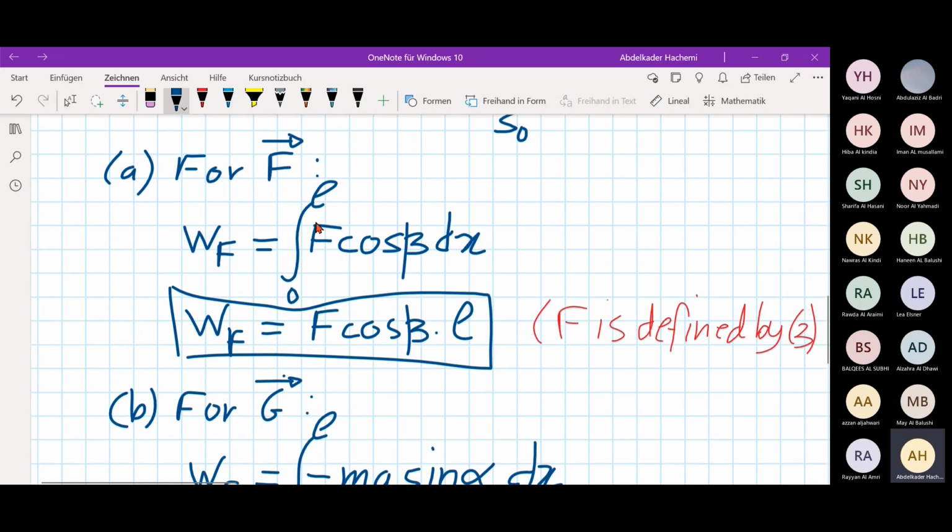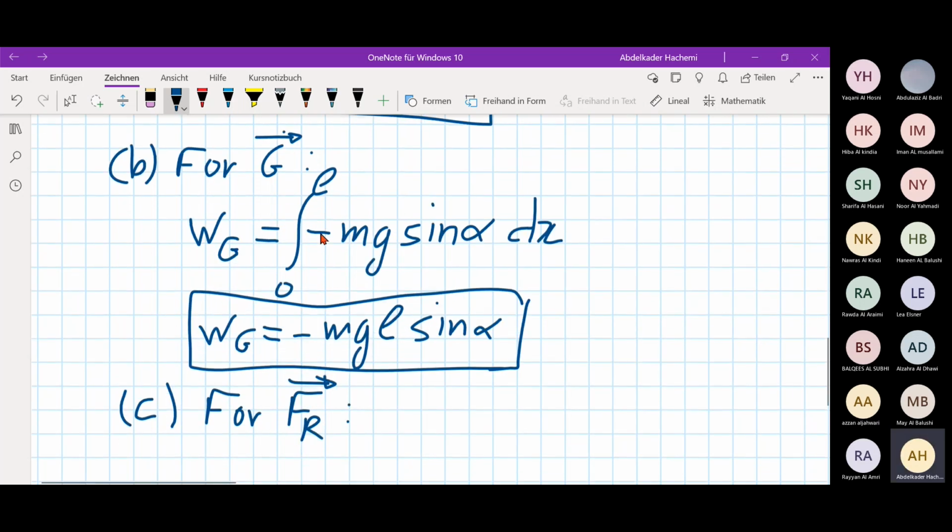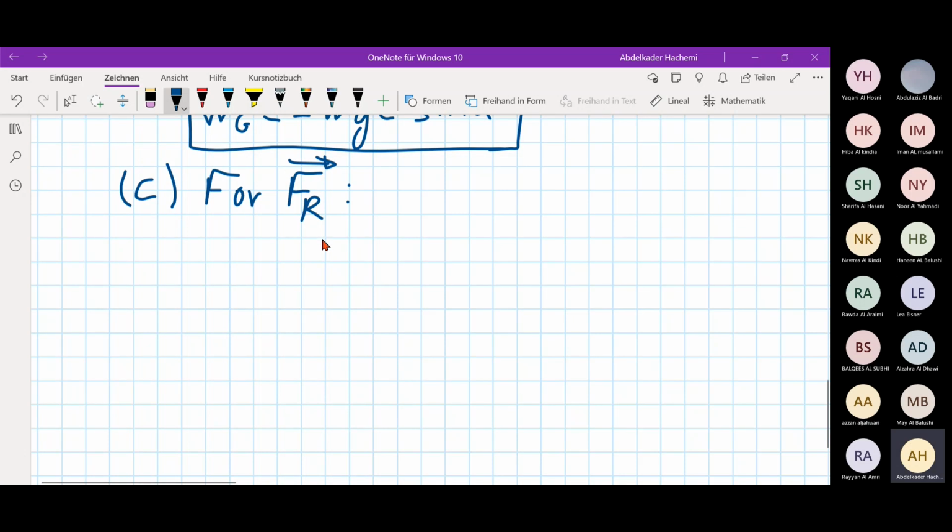Then we can get W, it's equal to the integral of minus Fr dx.